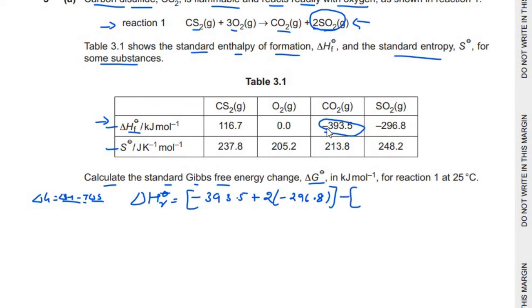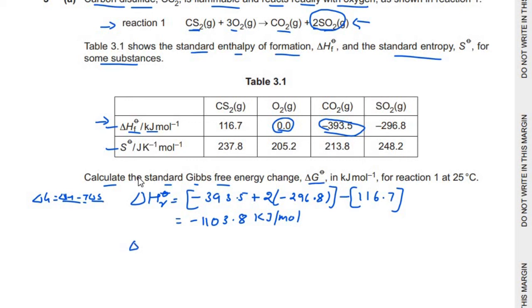So for reactants we have carbon disulfide, that is 116.7, so that is for reactant. That's all. Oxygen is an element, so enthalpy of formation for oxygen element is 0. Now that is equal to minus 1103.8. Now we know that the enthalpy change is given in kilojoules per mole. So the enthalpy change here is also calculated in kilojoules per mole.